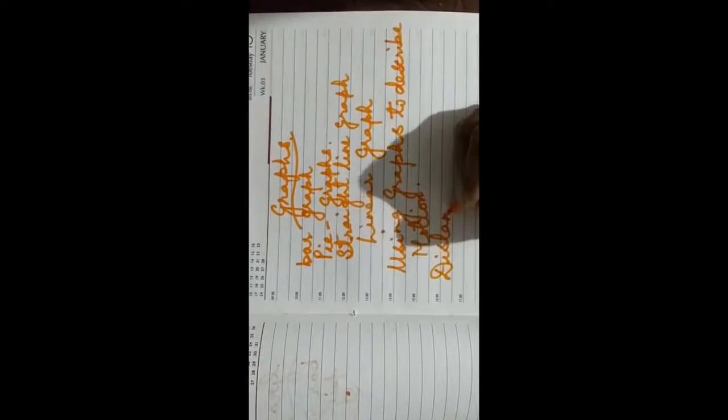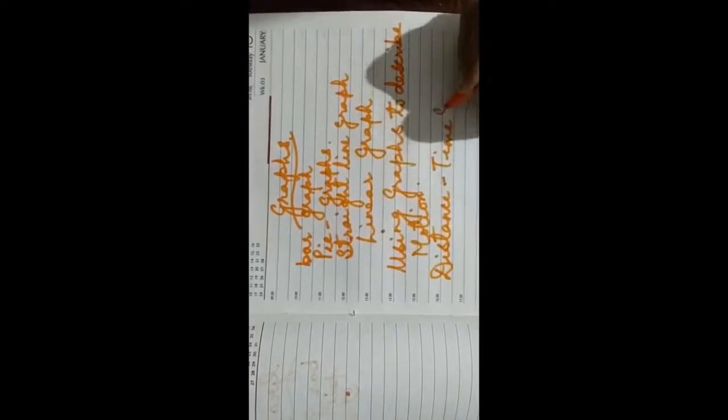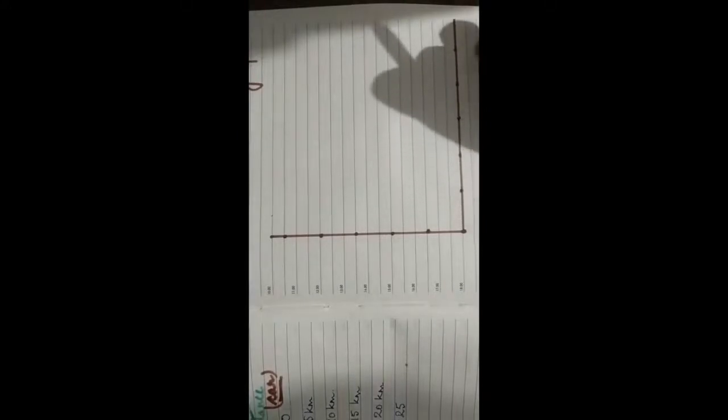How to draw the distance time graph. We will learn how to express the distance and time with the help of a graph. That is, the motion of an object is represented with the help of a graph.